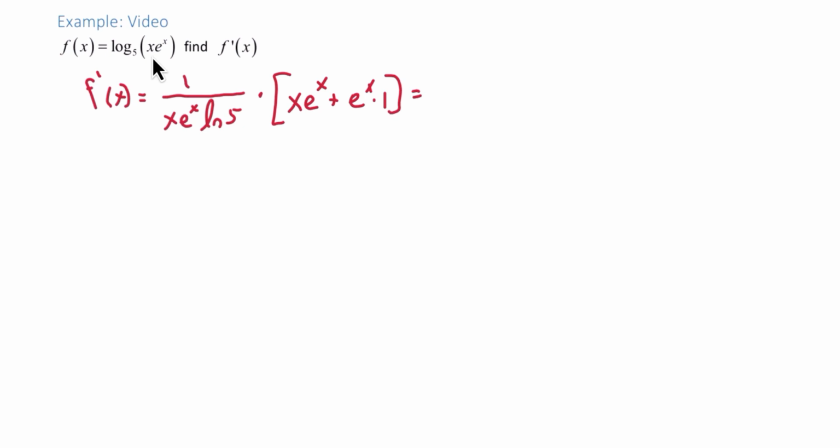So here we simplify, we get x e to the x plus e to the x all over x e to the x natural log of 5. And notice that the numerator and denominator all contain e to the x, so let's factor e to the x out of the numerator.